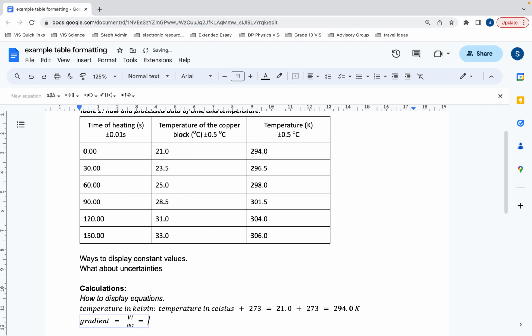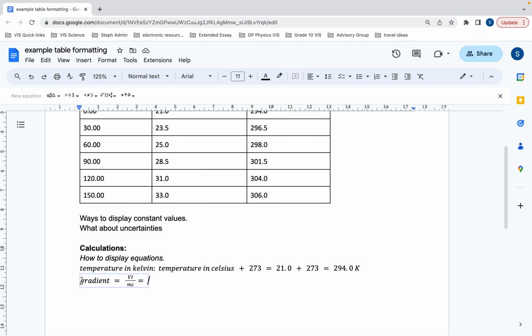And in this case, maybe I'll put in some values. I'll put in what the gradient was and then put in my values and then rearrange for C. But it's just a nice way to format your calculations.